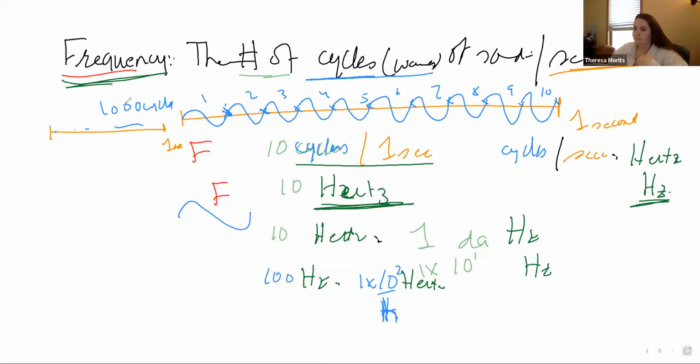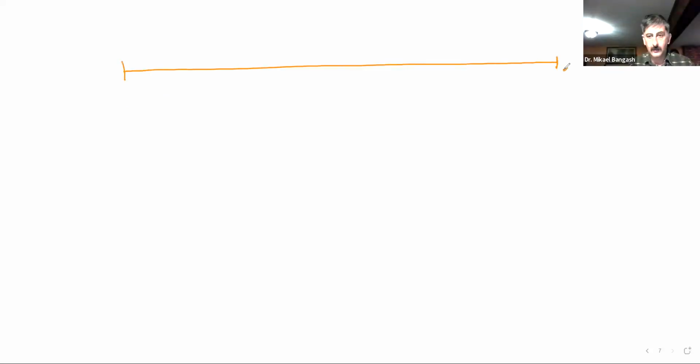No. Okay, good, thank you. So let's just say that this was 1 second, right? And in this 1 second here, we had a total of 1,000 cycles. Now, I'm not going to be sitting here drawing 1,000 cycles, but you guys get the point, right?